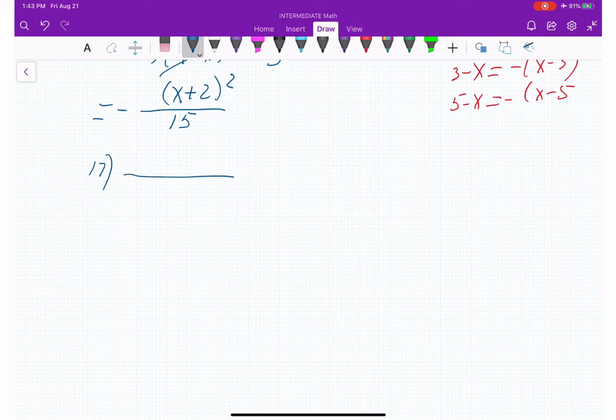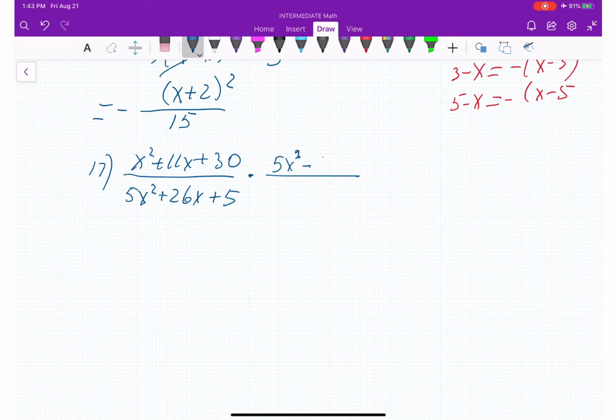We have (x squared plus 11x plus 30) over (5x squared plus 26x plus 5) times (5x squared minus 9x minus 2) over (x squared plus 5x minus 14).